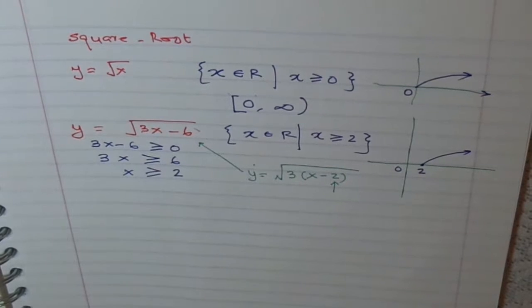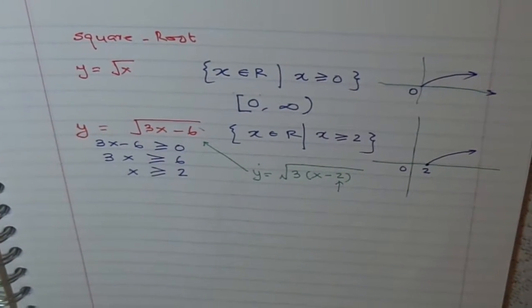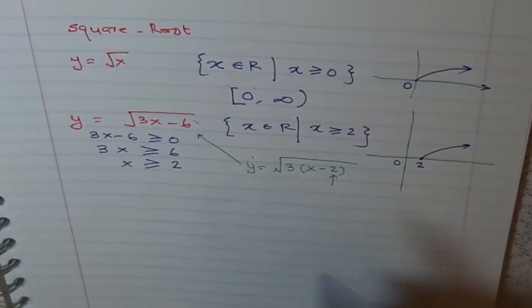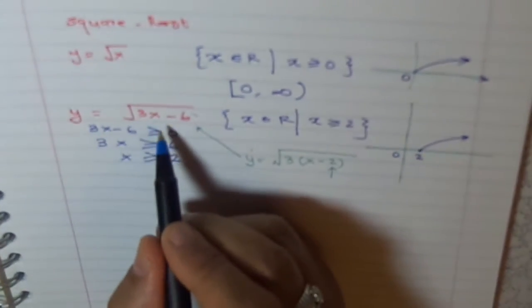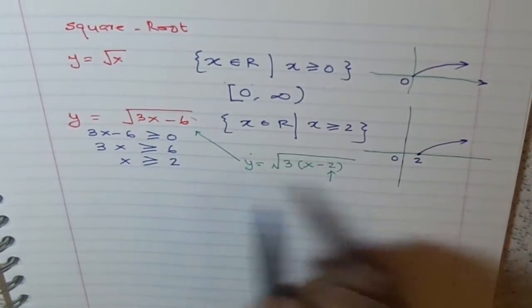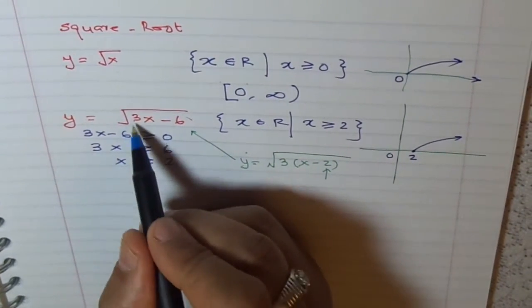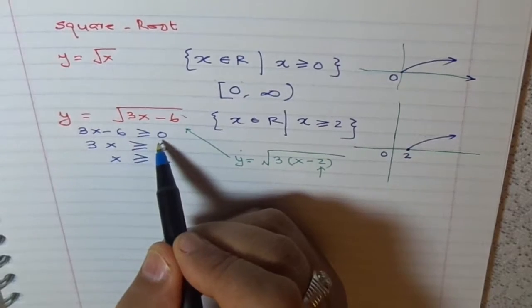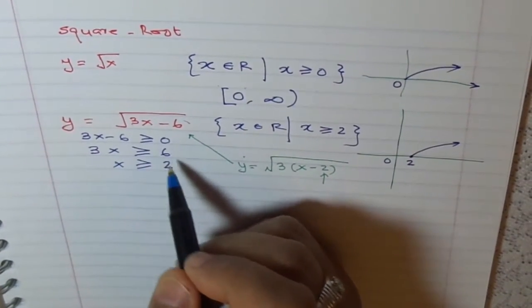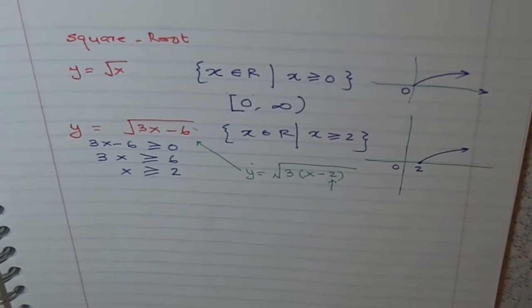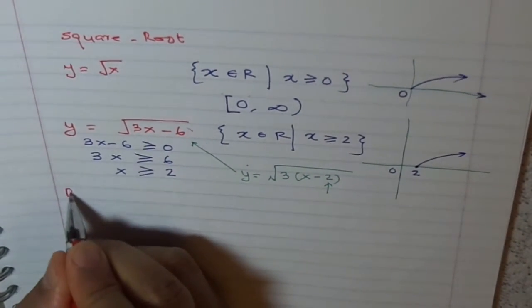So a radical function, rather a square root function, has a restriction, because in the square root, it should always be positive. So we can equate it as an inequality, that all this should be greater than or equal to 0, and then get our answer. Fine.